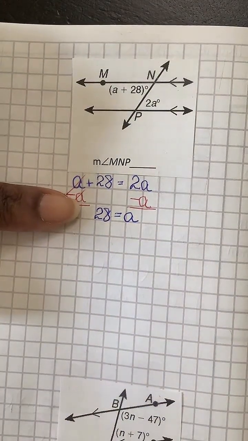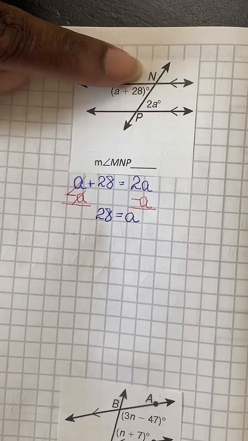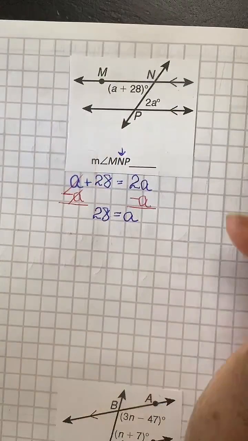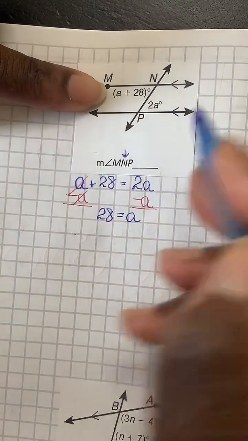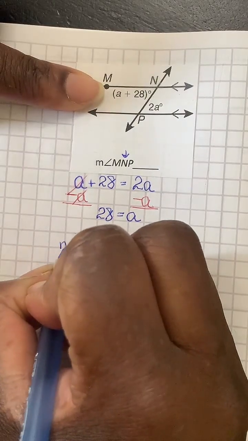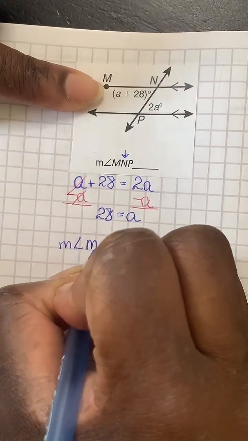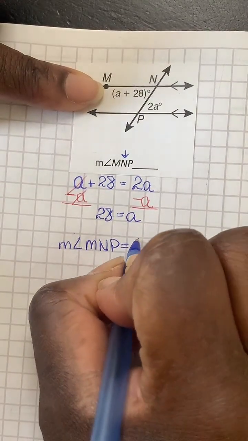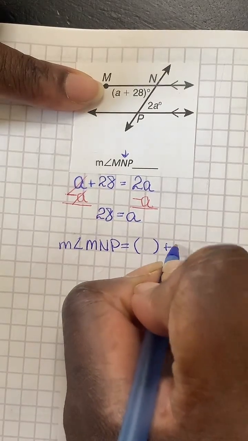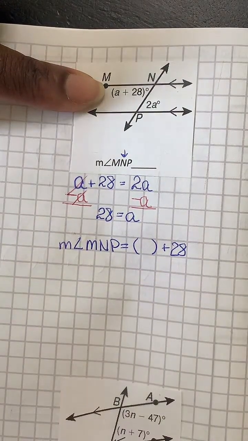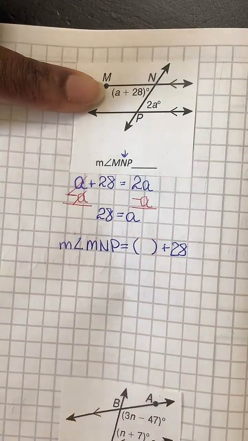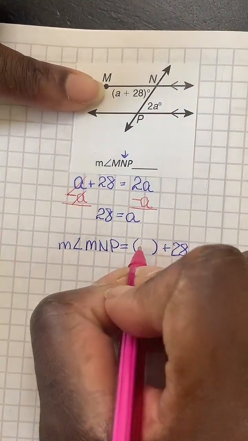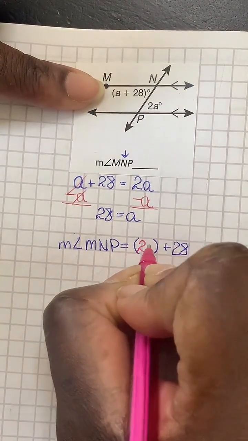But they want the measurement of MNP. N is my vertex. So MNP says A plus 28. We found what A is. A is 28. So what's going to go in here is my 28.